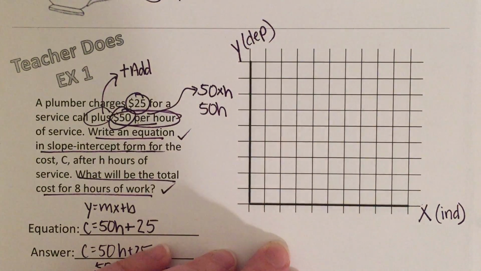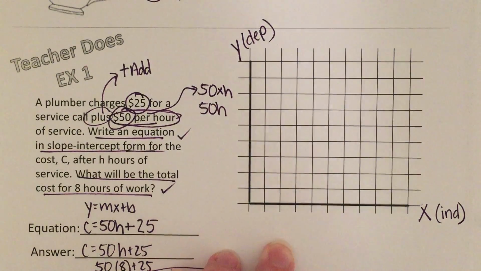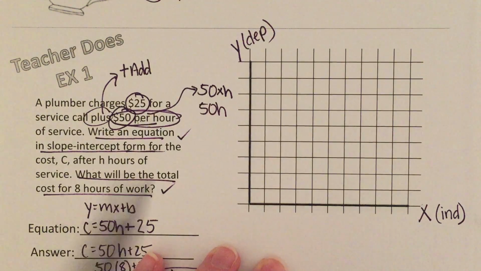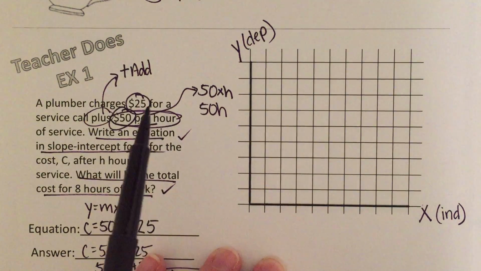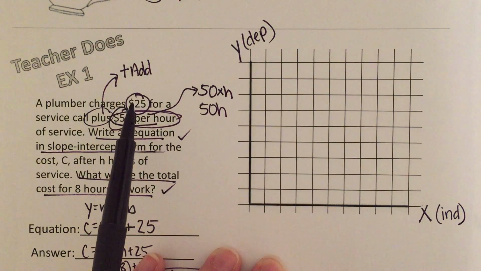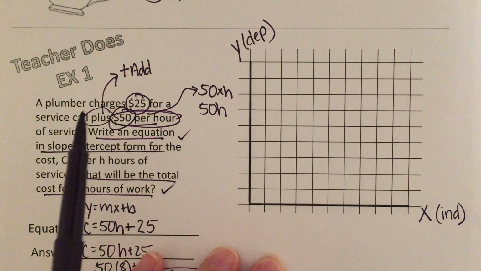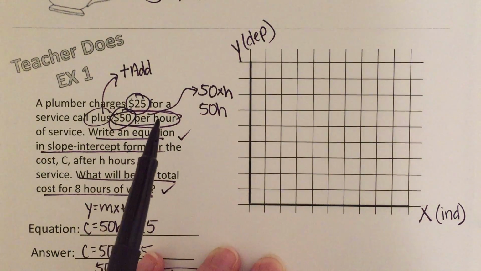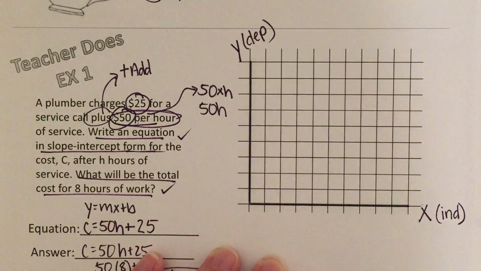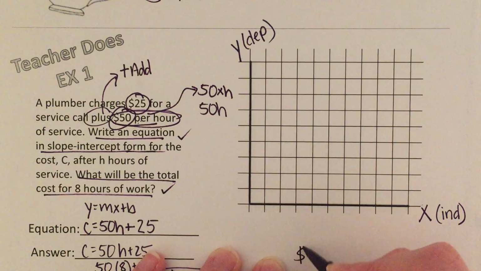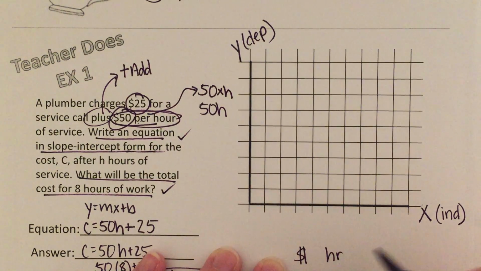And thinking back, remember when we were looking at independent versus dependent, I always look and see what are the two things being measured. And in this case, I see the dollar sign, so I know money or cost. And then I see hours. So I'm going to write those down, costs and hours.